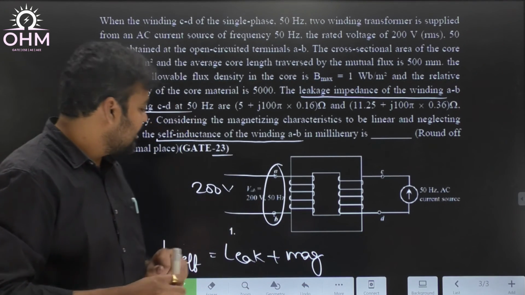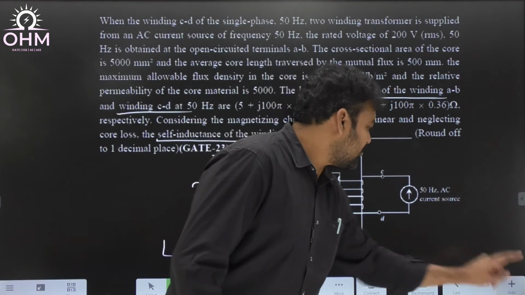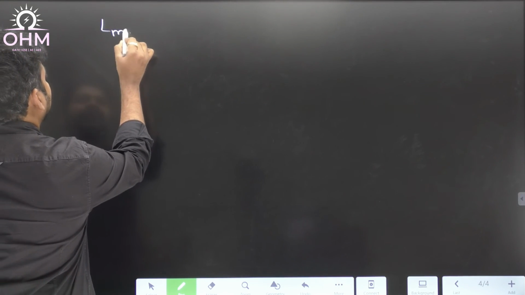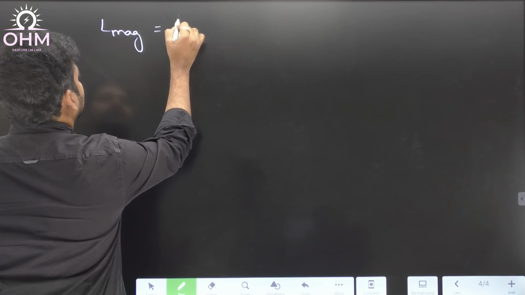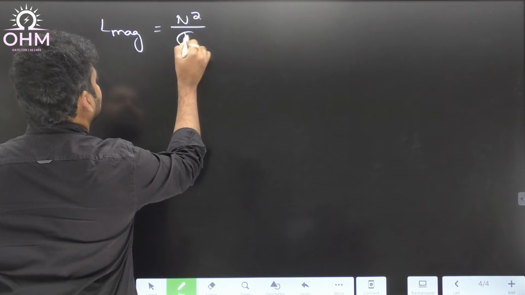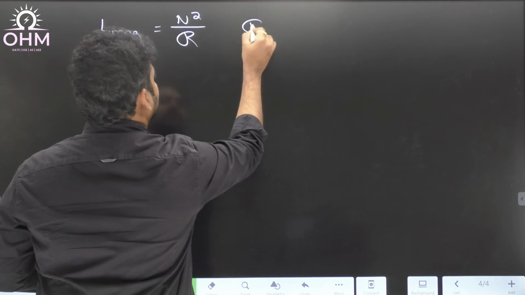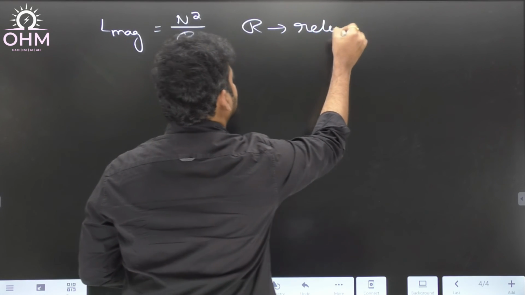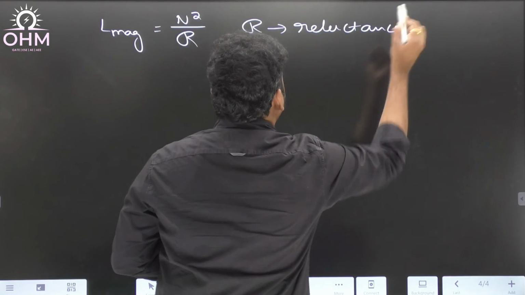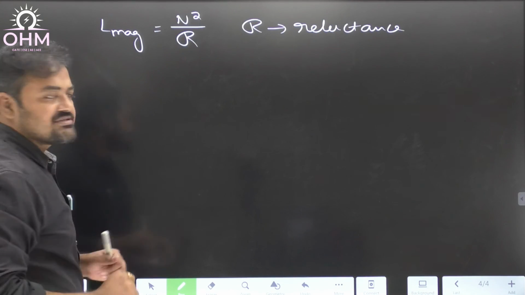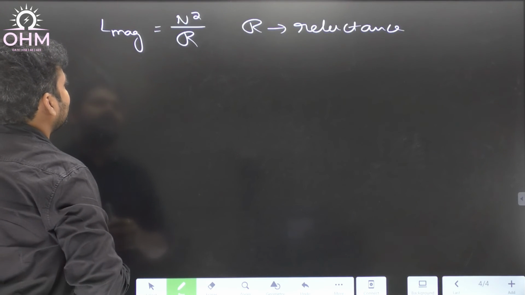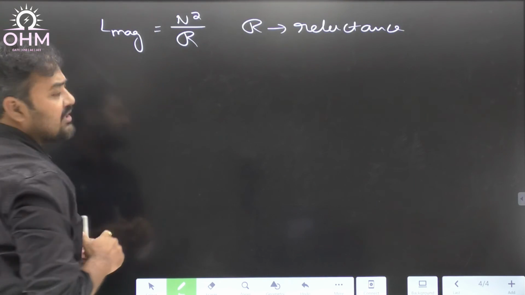So first find out the magnetizing inductance. What is the formula for magnetizing inductance? L, the magnetizing inductance, is equal to N square by R, where R is known as the reluctance of the magnetic medium. So let us first find out the reluctance. If I know the reluctance, I can easily find the magnetizing inductance.